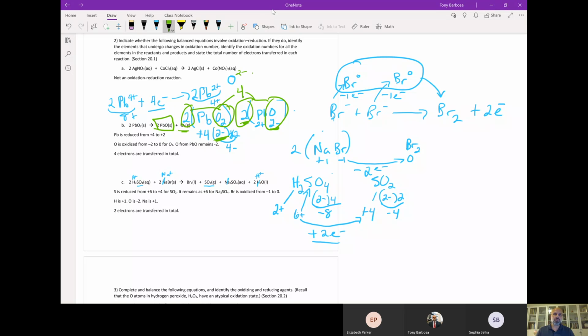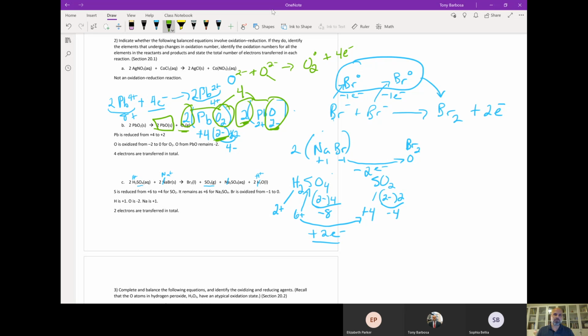So we have an oxygen 2- plus another oxygen with a 2- charge going to O2. You can see that we're basically going from the 2- state to oxygen in the 0 state. So each of these oxygens has to release 2 electrons, which gives us 4 electrons out in the product.